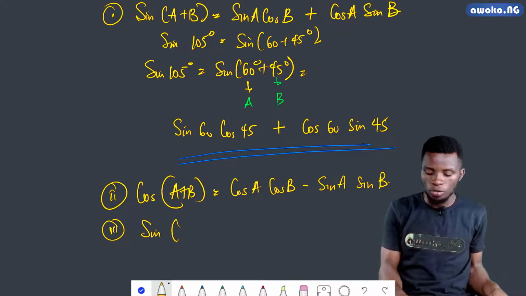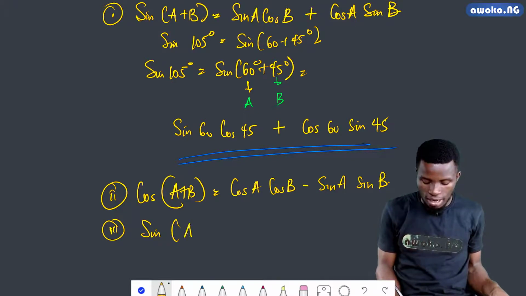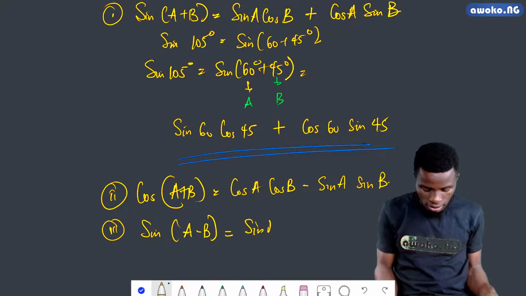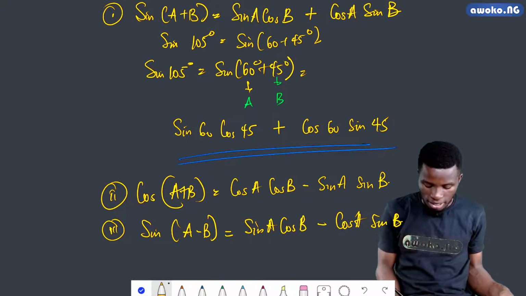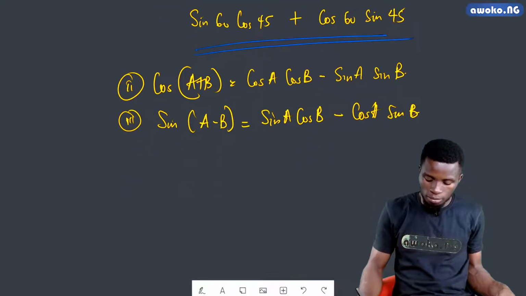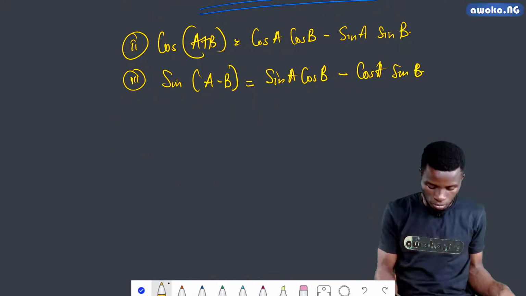Alright? So the third one is, if we have the difference, both the first and second one show addition, that is the sum of the positive angles. But let us look at the difference of angles. So we have sine A minus B equal to sine A cos B minus cos A sine B. So this shows the trigonometric identity for the subtraction of A and B. Now let us consider the fourth one.